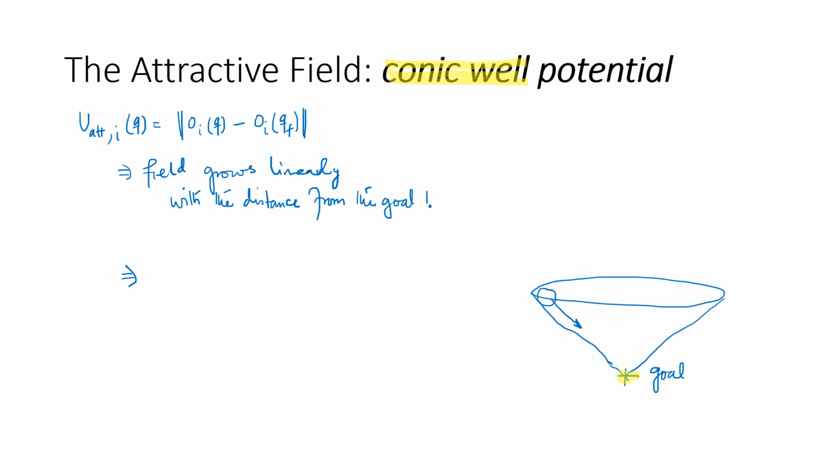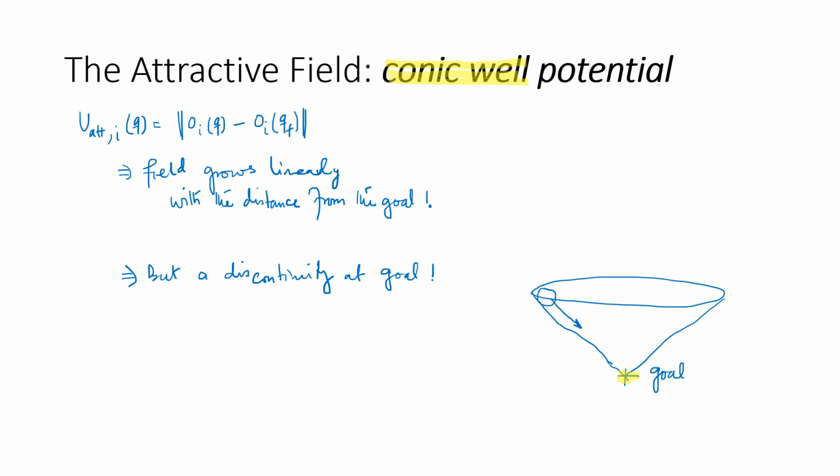So I must write down that you are going to have a discontinuity at the goal. That is going to be one problem that we wish to resolve later on. We will see how we resolve it.